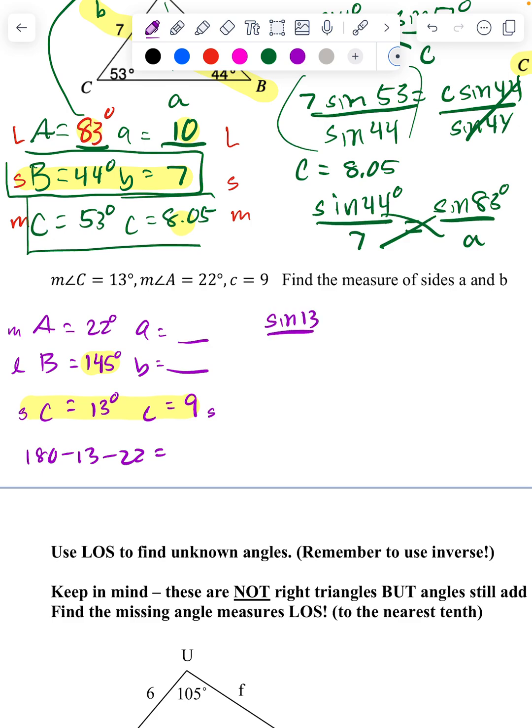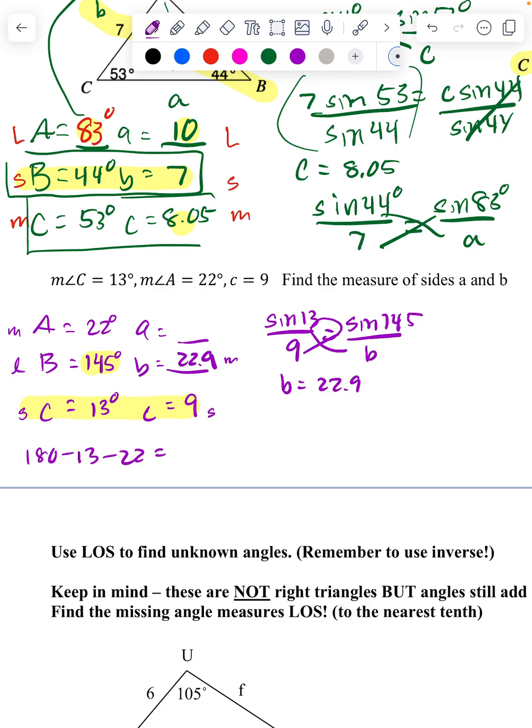Sine of 13 over 9 equals sine of 145 over B. Multiply these two, divide by that other piece. So 9 times the sine of 145, close my parenthesis, divide by sine 13, and side B is 22.9.